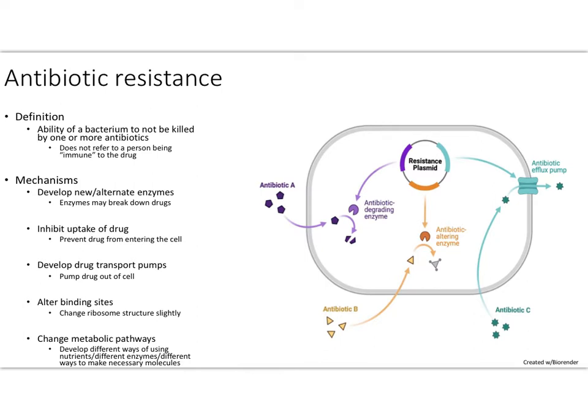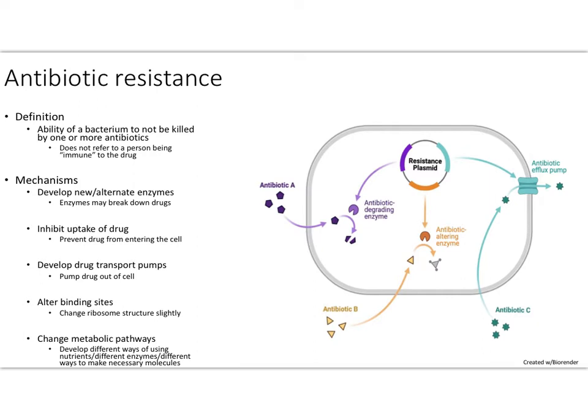Basically, antibiotic resistance is the ability of a bacterium to not be killed by one or more antibiotics. And again, this doesn't refer to a person becoming immune to the drug. In this situation, the person has nothing to do with it, really. It's all about the fact that the bacteria is not susceptible to the drug.